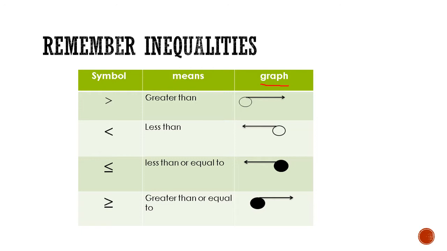When we represent less than or equal to, we represent the number by a filled circle and an arrow to the left to represent smaller numbers. And then when we represent greater than or equal to, we graph a filled circle and then an arrow to the right for the greater numbers.